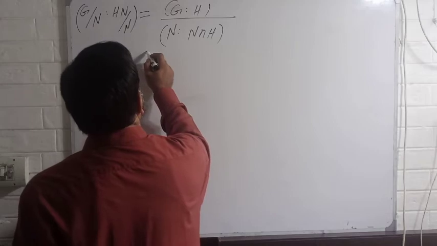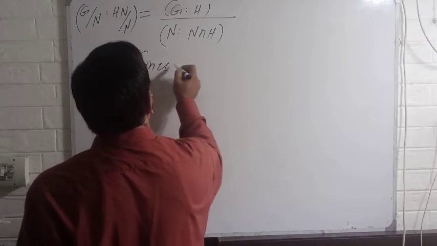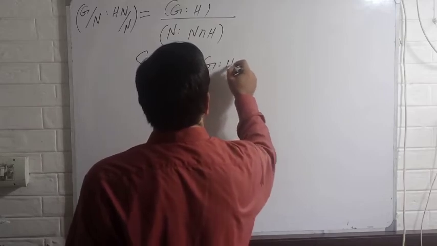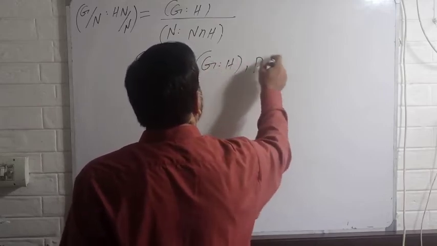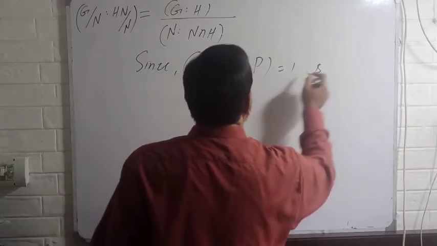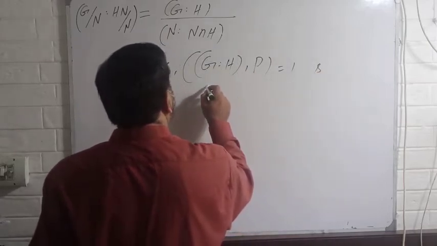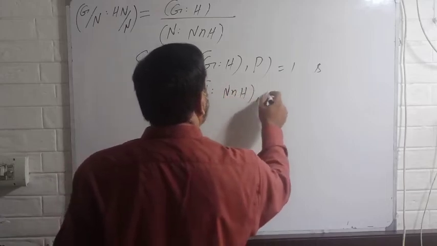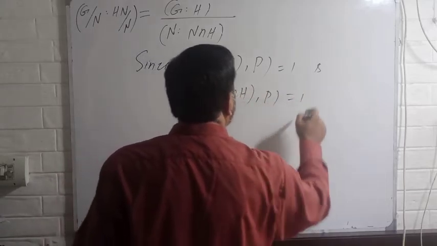Since index of H in G with P are relatively prime, and index of N intersection H with P are relatively prime.